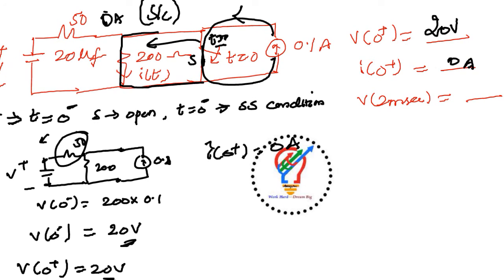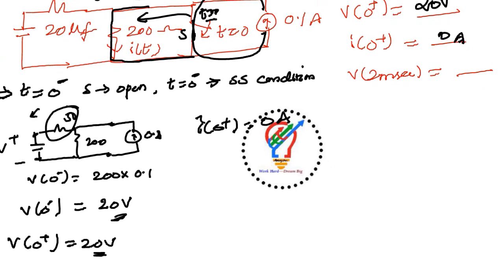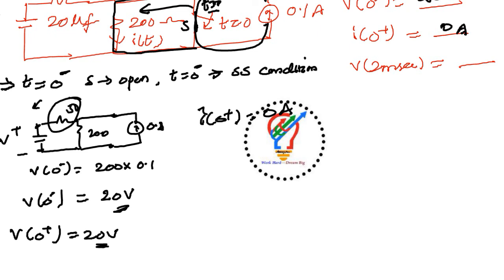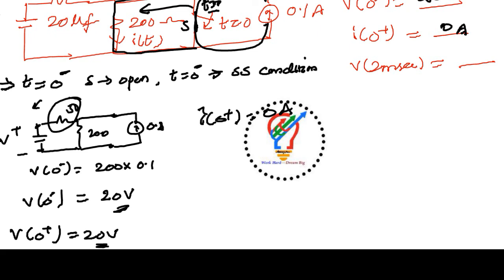Next, we need to find V of 2 milliseconds.